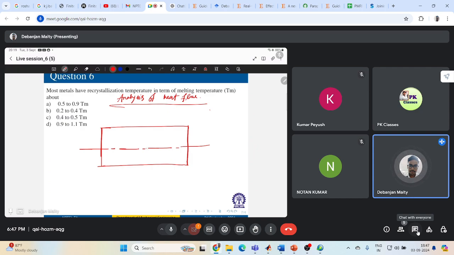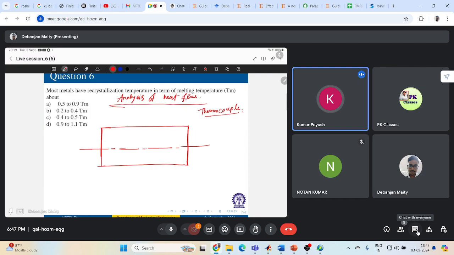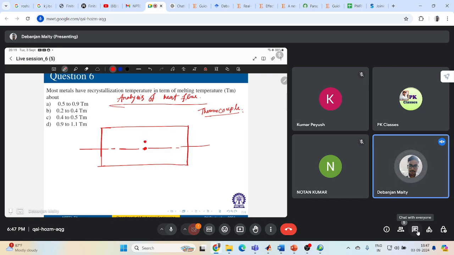Do you know what a thermocouple is? Sir, it is used to measure the temperature. Perfect. So this is used to measure temperature. Let's say I have connected one thermocouple at the center location, one thermocouple at 5 mm away from the center, and another thermocouple 10 mm away from the center.